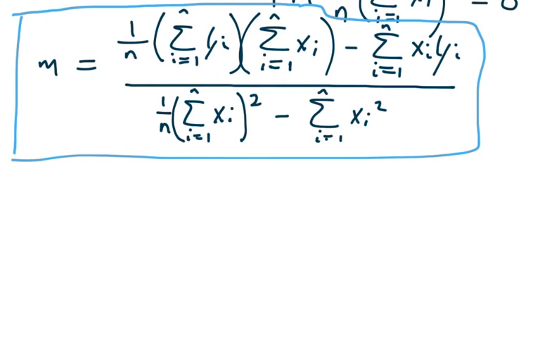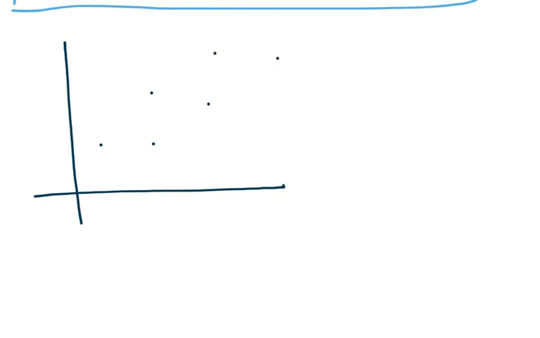So, let me know if any part of that didn't make sense. Hopefully it did. And I want to next make a video that addresses what would happen. Say we've got our data that looks something like that. What happens if we look, instead of at this vertical variation, like we just were, right?